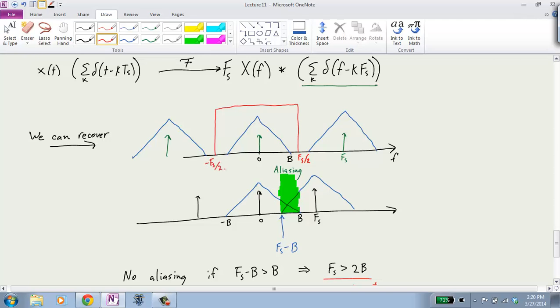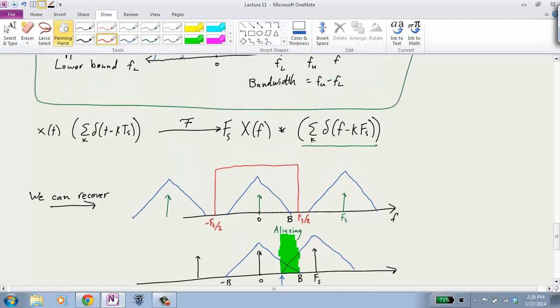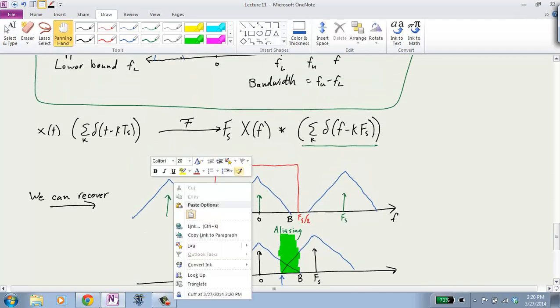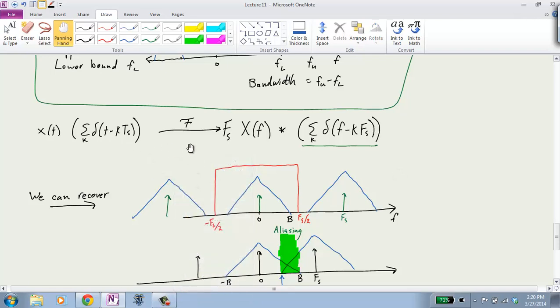And if we want to be a little bit technical here, there was one thing that actually happened to the height of the signal. Remember when we sampled, we not only did this convolution, but we have an fs here. So in other words, this first part was not just x of f, it was times fs.